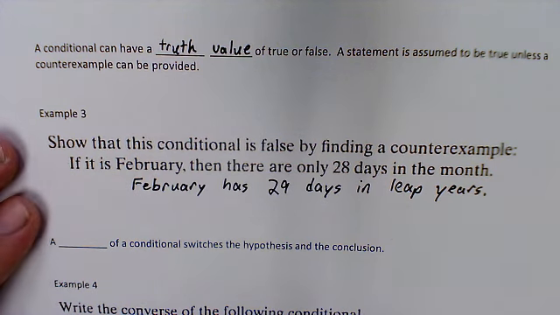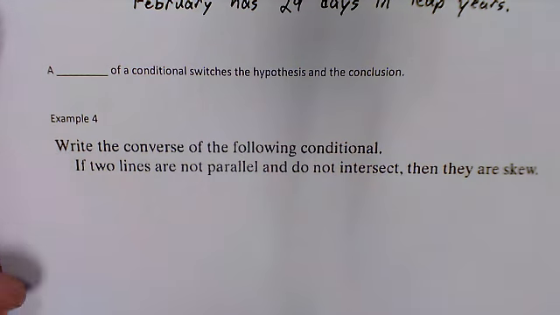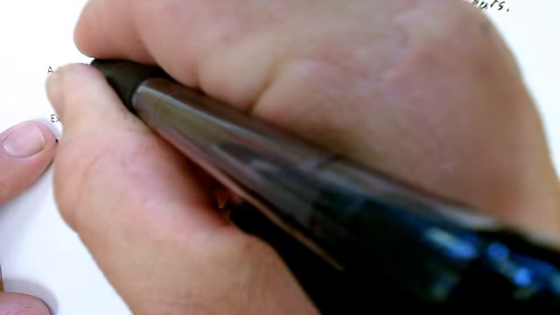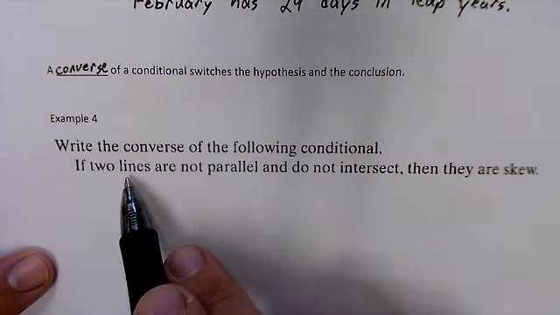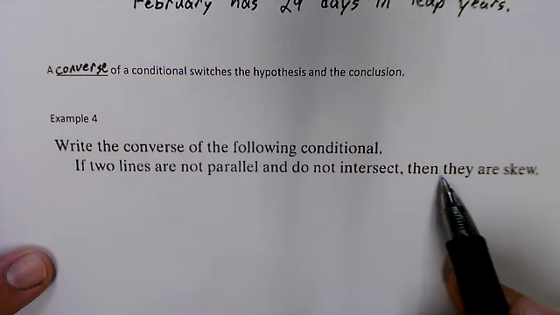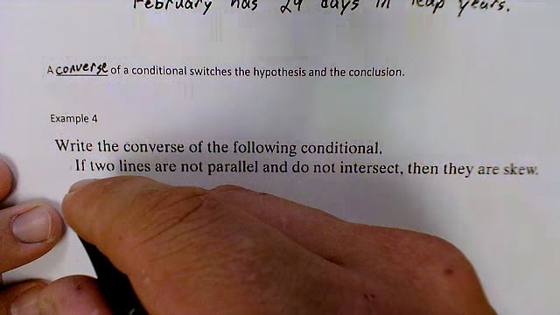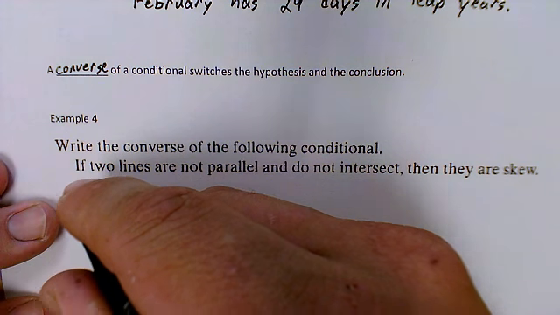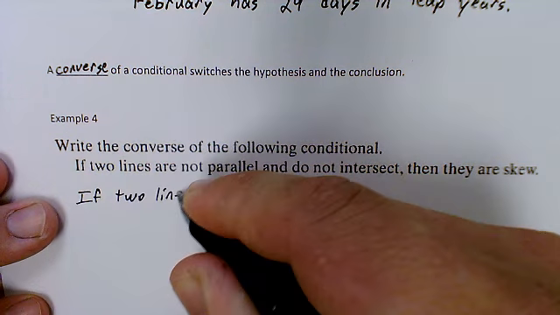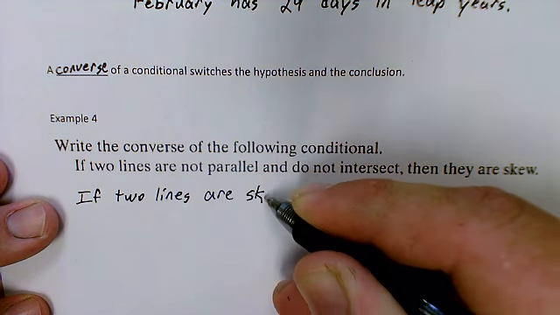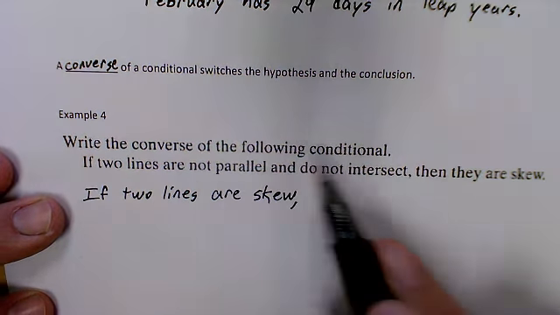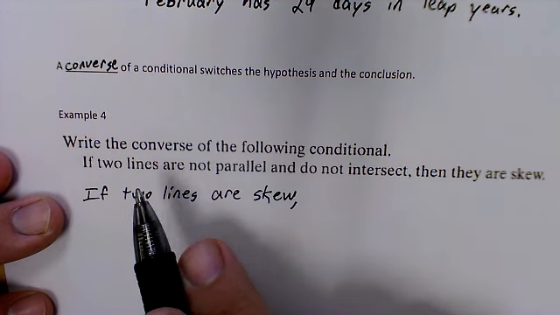Now, on the next part, it's talking about what happens when you switch a hypothesis and conclusion. That's called a converse. A converse of a conditional switches the hypothesis and conclusion. So, when we're looking at this statement, if two lines are not parallel and do not intersect, then they are skew. That happens to be true, by the way, but here's my converse. If two lines are skew, comma, that way the conclusion is now my hypothesis.